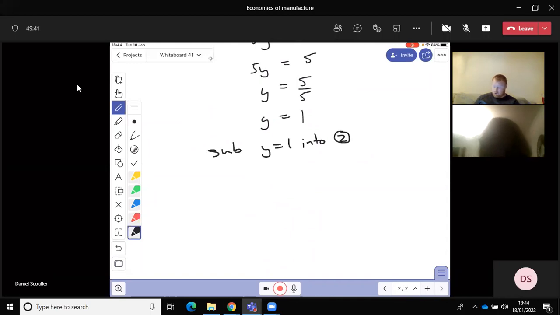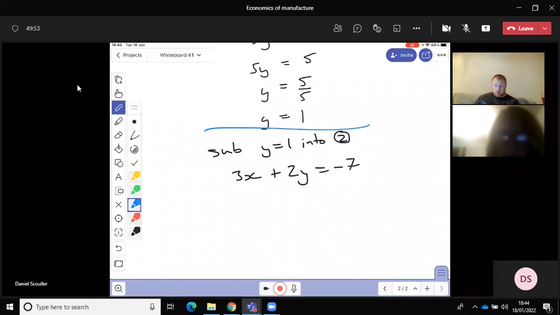Equation 2, 3x plus 2y. So this is just a check. The question in the exam would finish there. This bit's just a check. So y equals 1 into equation 2, 3x plus 2 times 1.